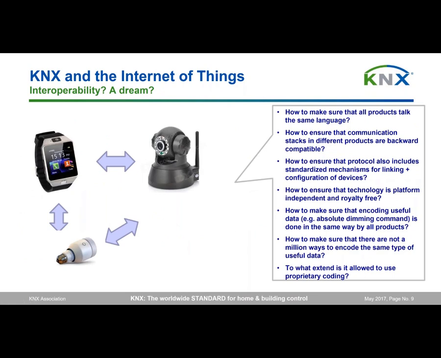If you look at the current Internet of Things, it is mostly concentrated on the communication between one thing and another thing. But mostly the solutions are provided by one manufacturer, and products of different manufacturers do not really provide interoperability.